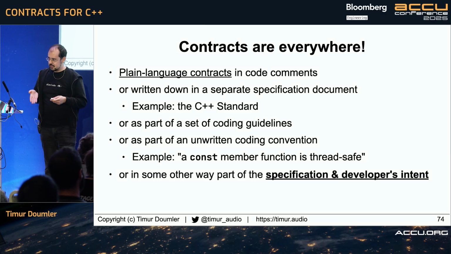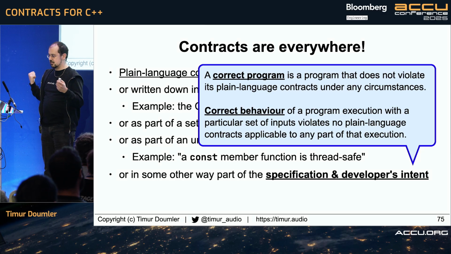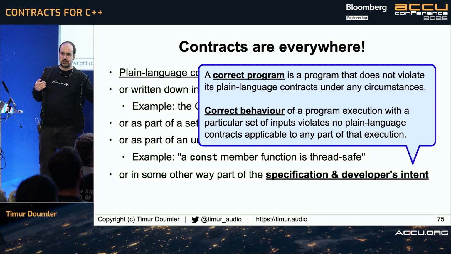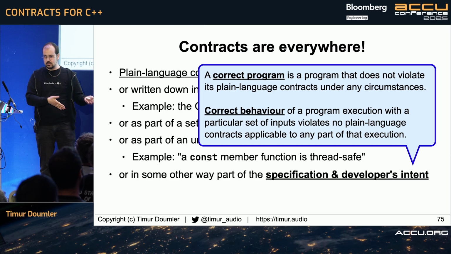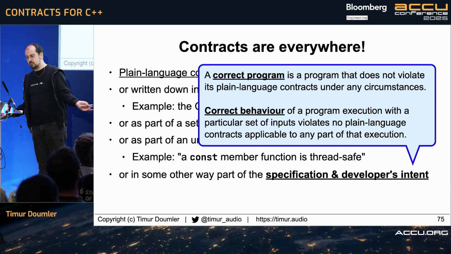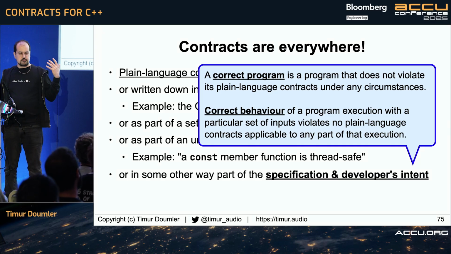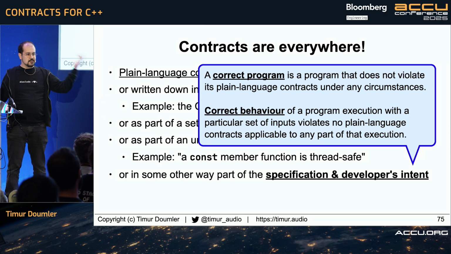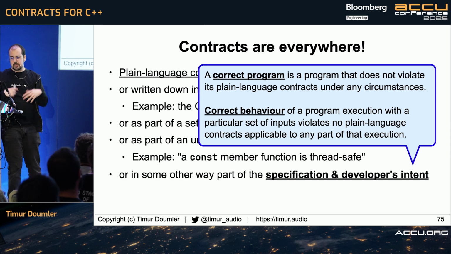And that's really cool because that gives us a definition for correctness. So we can say that a correct program is a program that does not violate its plain language contract. It doesn't violate what the specification says it should do and what the developers intended that it should do. And often we can't talk about the program always being correct. Probably that is not a thing that exists, but we can talk about correct behavior.